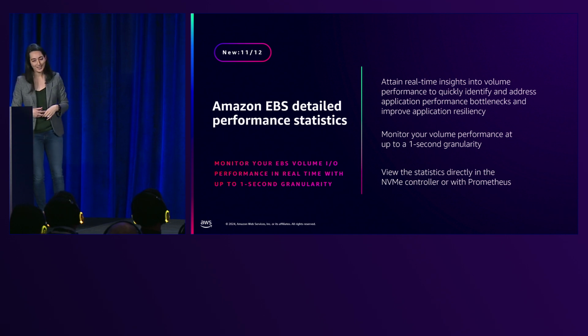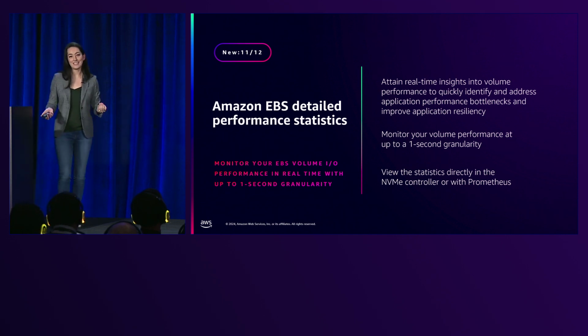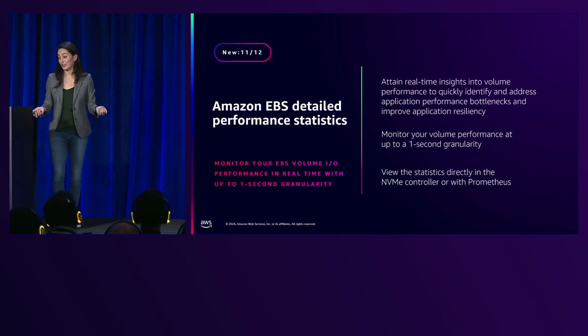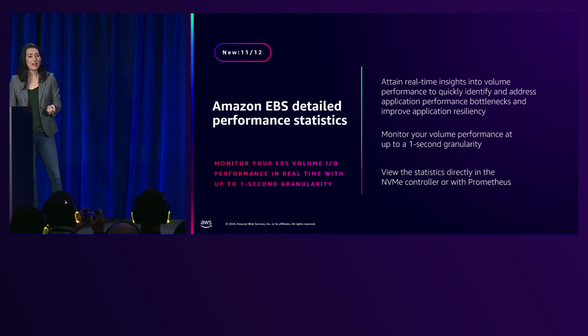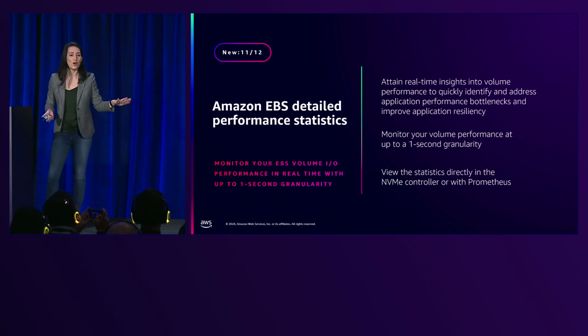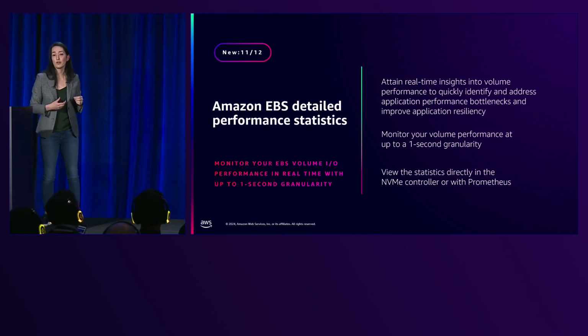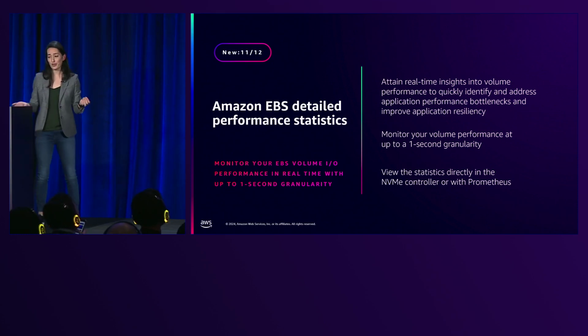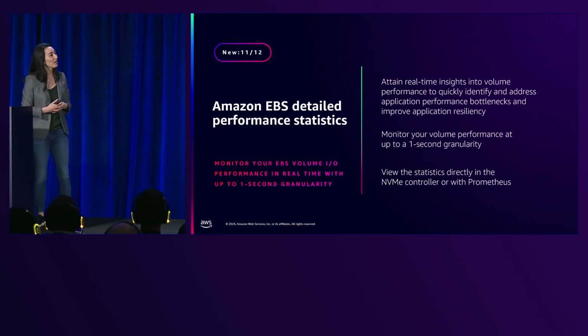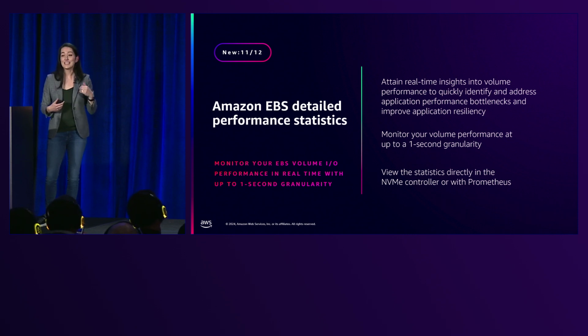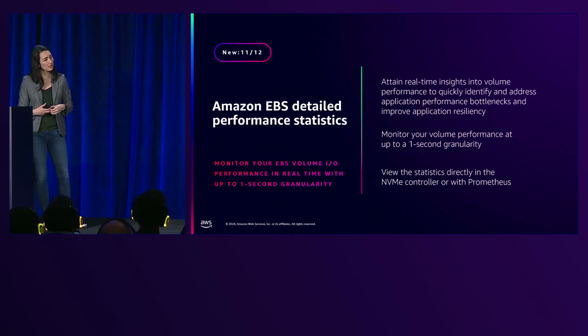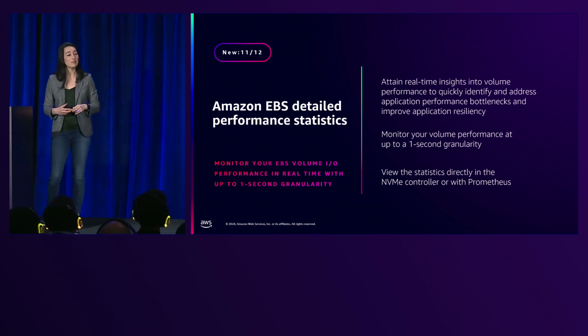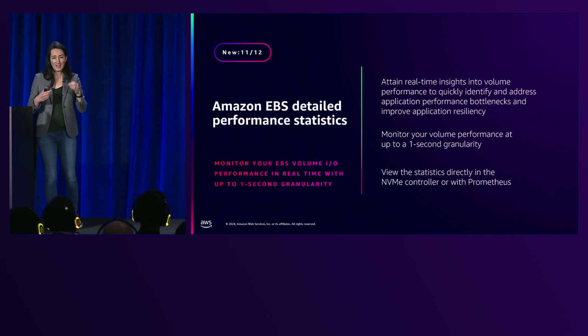But I know some of you guys have very latency sensitive applications, right? And we've heard that a minute may be way too long for you to actually act on. You want that nitty-gritty detail on your I/O performance. And so for you guys, we recently launched EBS detailed performance statistics. So using these, you can actually see the performance on your volume at as little as 1 second of granularity.